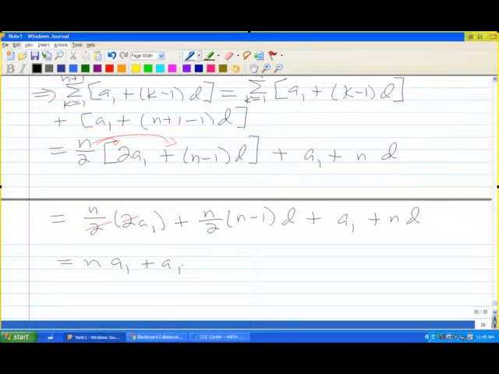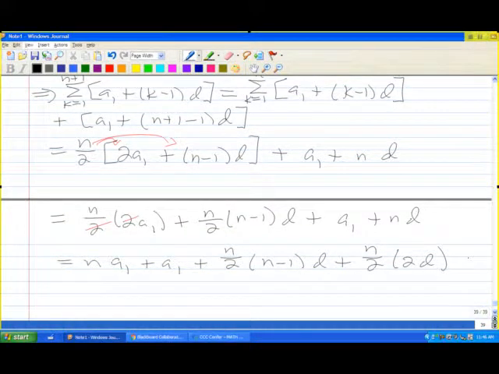just grouping those terms together, plus n over 2 times n minus 1 d plus nd. Let me actually write this as n over 2 times 2d, because the 2's will cancel, so I haven't changed anything.